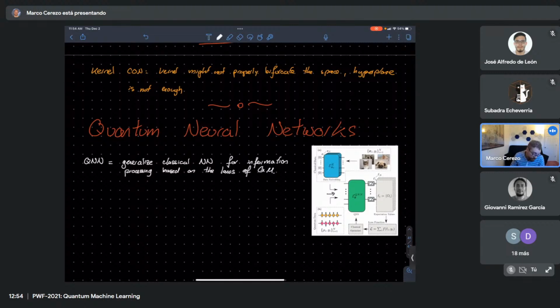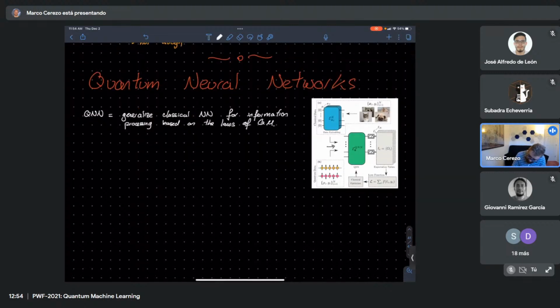Right? In practice, what we're going to get is a set of quantum states, xi, with labels yi. This can be quantum data or encoded classical data.